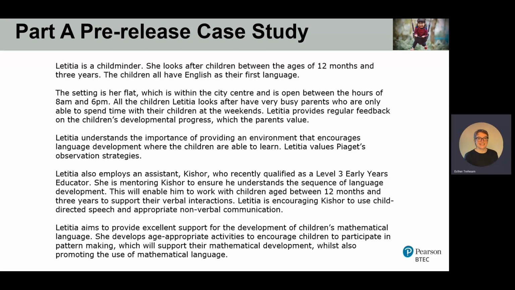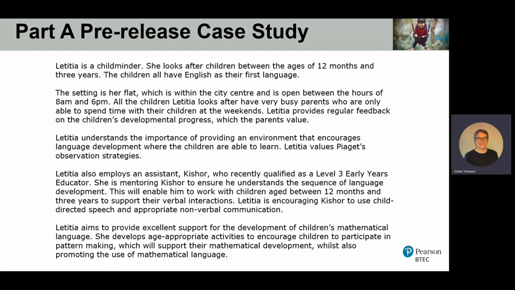In this case, it pointed to the feedback that is provided to parents and the value of this. Therefore, learners would have been expected to undertake research into the ways in which feedback can be provided to parents, such as tapestry and information from observations of their child.